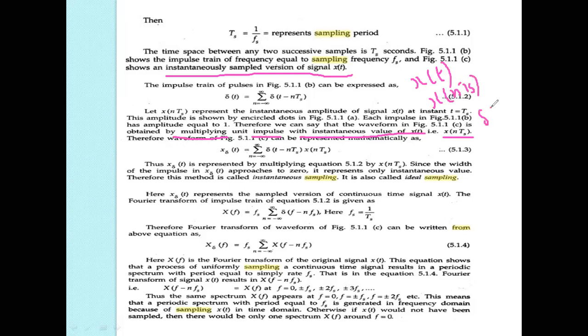It is multiplied with delta of t minus n Ts. So after sampling the original signal, x delta of t is equal to the sum over n equal to minus infinity to infinity of delta of t minus n Ts times x of n Ts. Okay, my dear students.